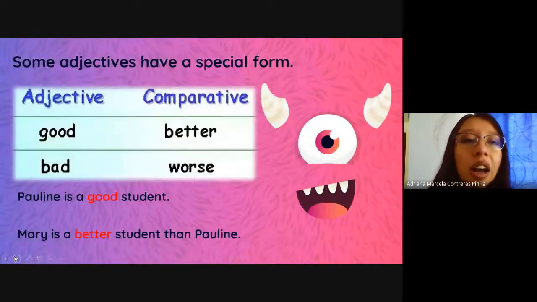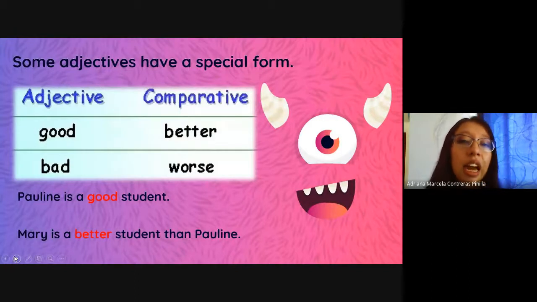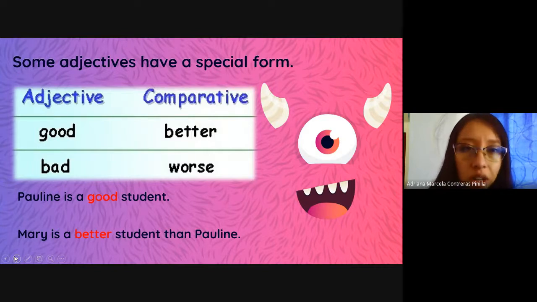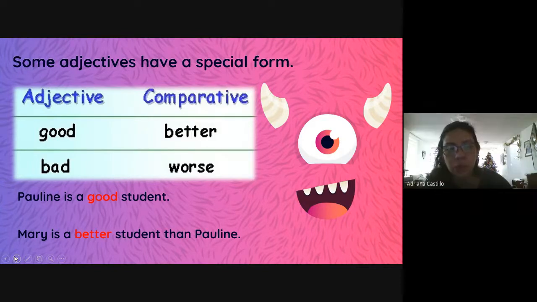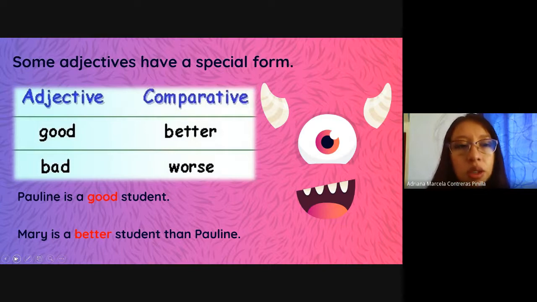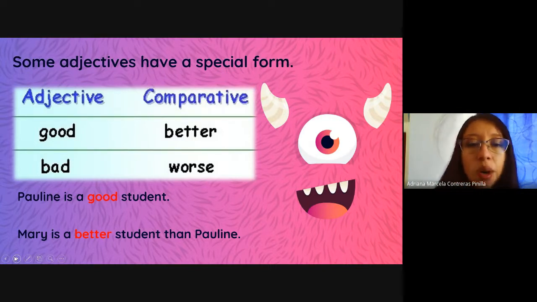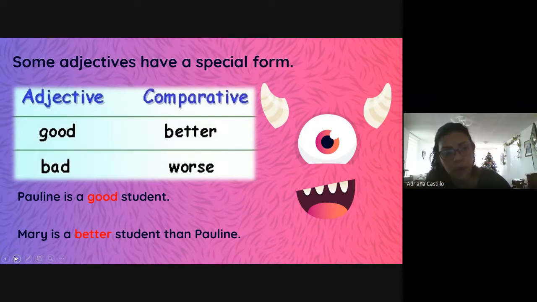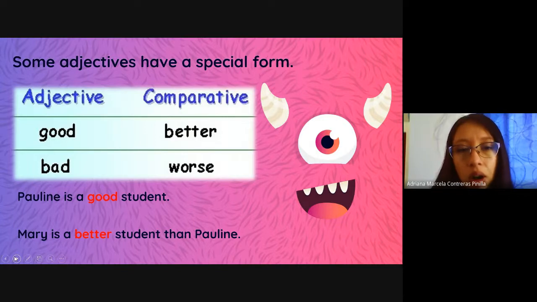Now we have adjectives that have a special form, which don't follow the rules, right? So we have good and better, bad and worse. Good is bueno, better es mejor. Bad is malo, and worse we can say más malo.